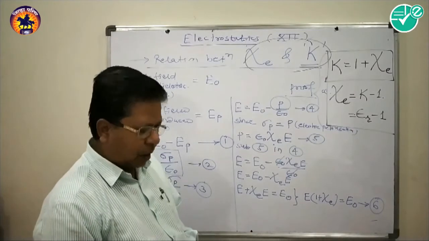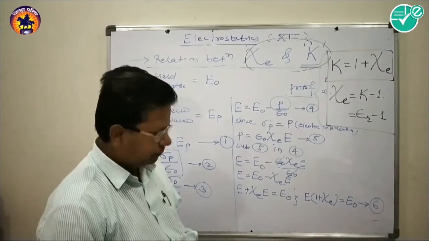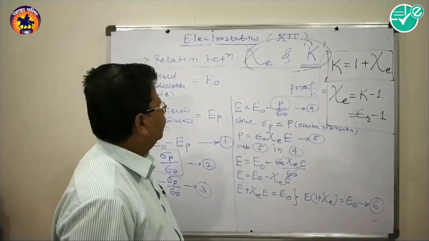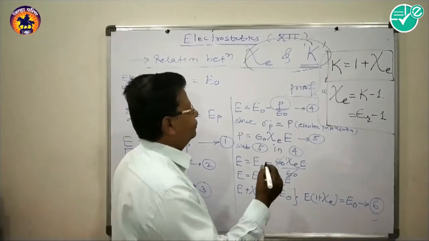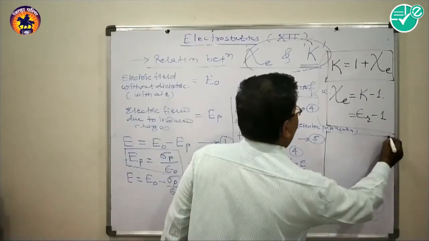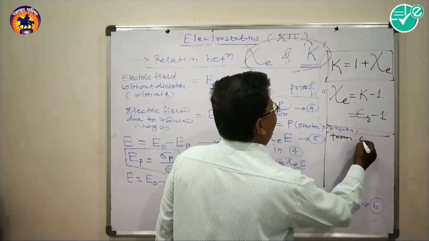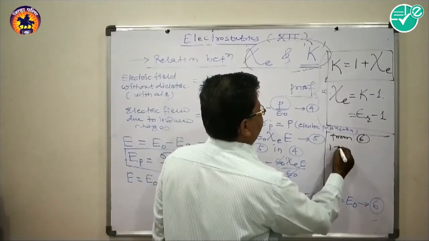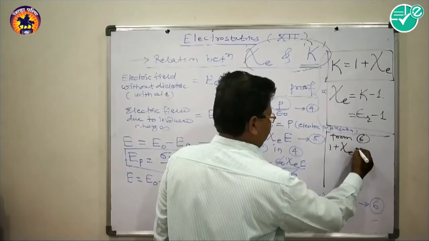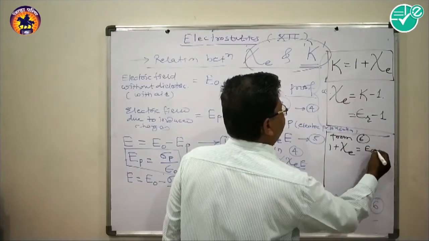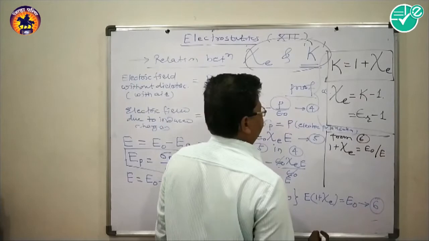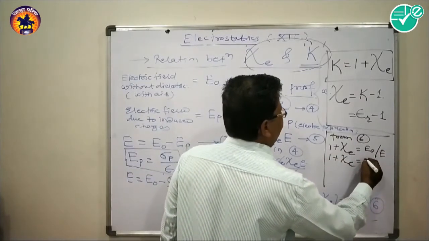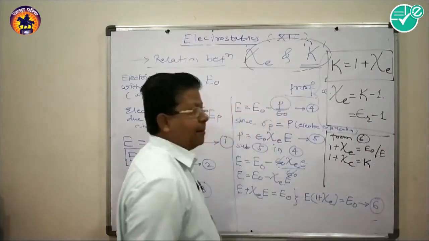And from equation number 6, we write 1 plus Chi E is equal to E0 upon E. And this is equal to K, the dielectric constant.